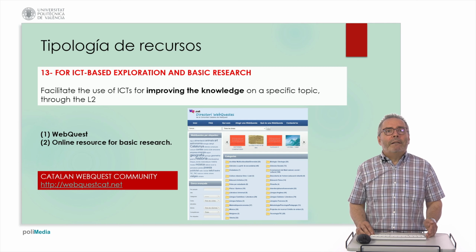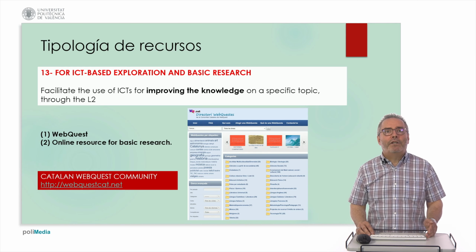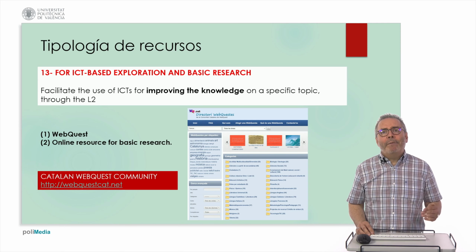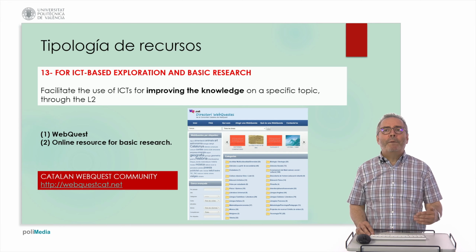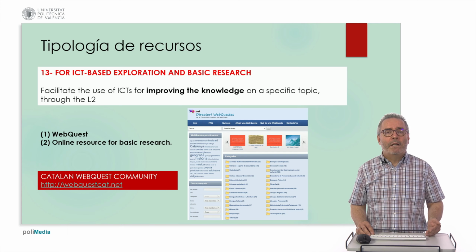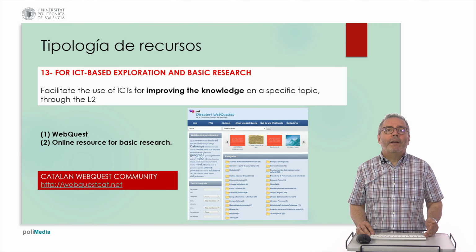The next one is resources for ICT-based exploration and basic research. Here, the aim is to improve the knowledge of specific topics through the use of L2 online or through ICTs. For example, WebQuest, which is a specific type of online activity for language learning.